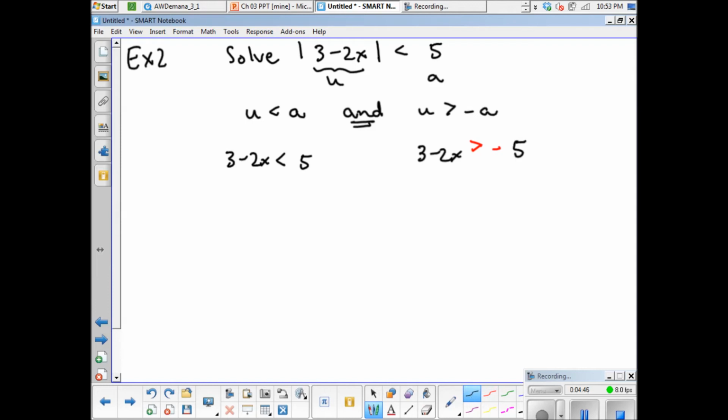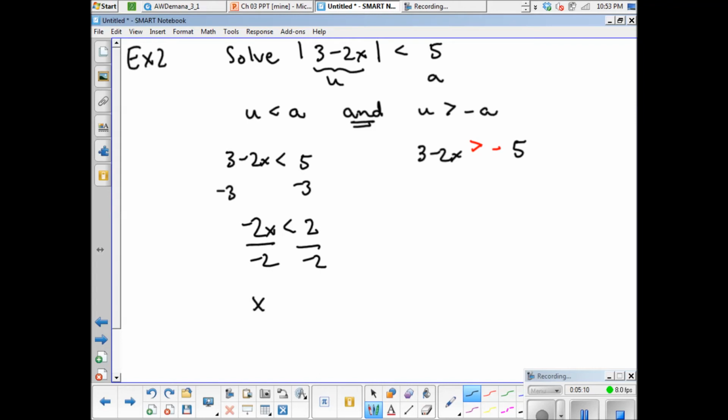Okay, you might want to stop for just a second and look at these two inequalities we just wrote. We're going to solve them both. But look at what's the same and what's different between them. Okay, let's go ahead and solve them. So for this one, we'll subtract 3 from each side. We get -2x is less than 2. We divide by -2.